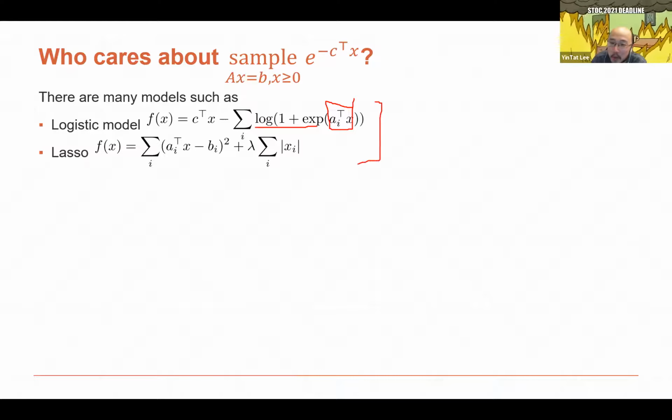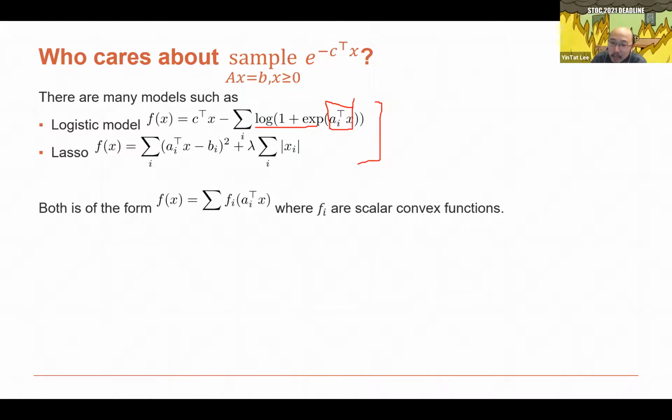So for both models, you can write it in this way: f is just a sum of scalar functions, but the thing inside is some linear function. And one basic way to learn the model is to sample from e to negative f. This is how statisticians do it.